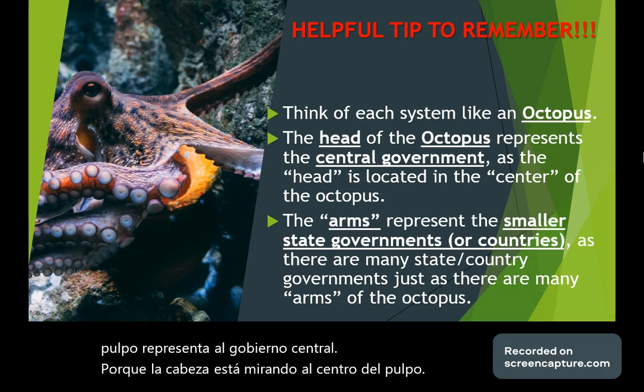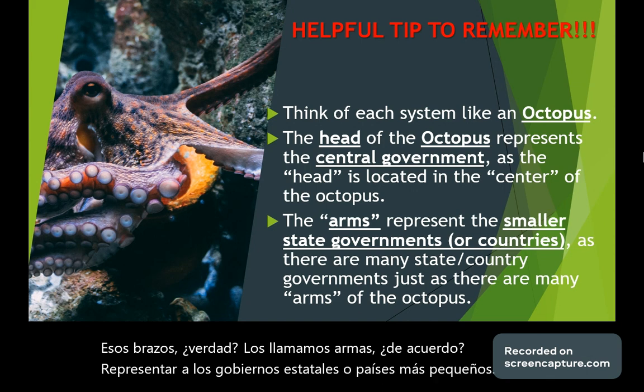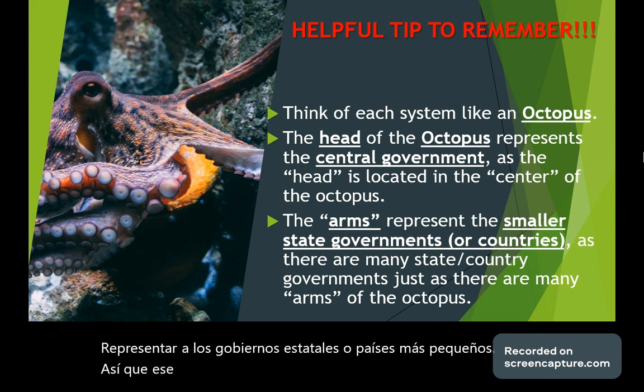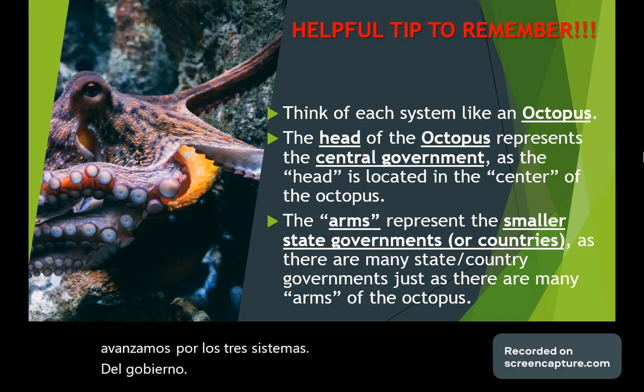Those arms represent the smaller state governments or countries. That's the distinction. We're going to use this pattern as we walk through the 3 systems of government. And at any time, remember if you need to pause the video to get caught up on the notes, please do so.